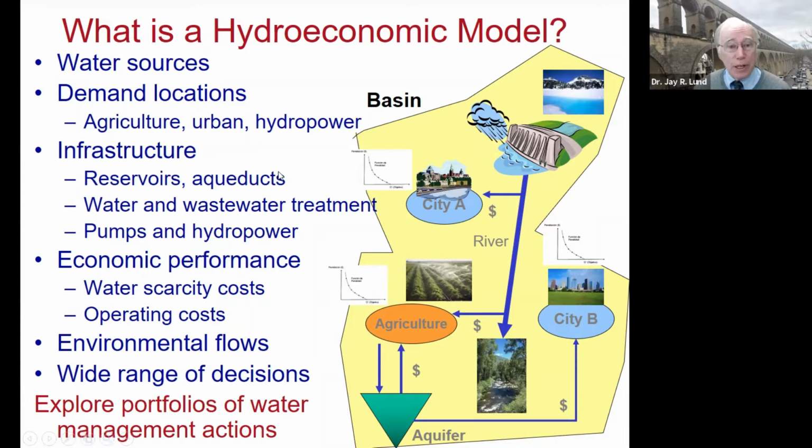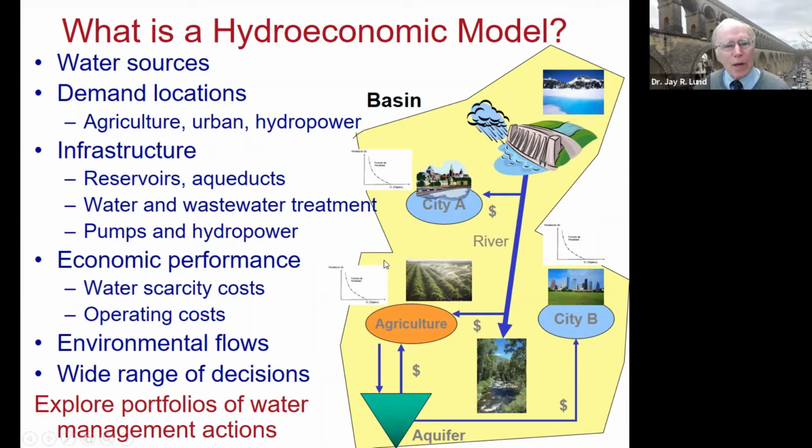It has infrastructure of reservoirs, aqueducts, treatment plants, pumps, and hydropower systems that we operate in order to get water from the supplies to the demands at the right place and the right time with the right kind of reliability.